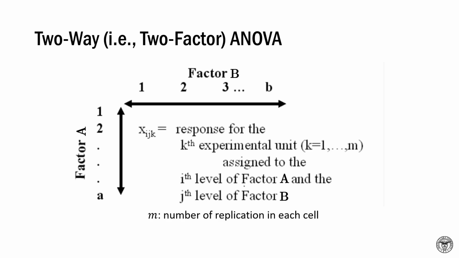A treatment is a combination of a level of factor A and a level of factor B. In other words, each treatment involves changing the levels of both factors A and B simultaneously, which allows researchers to analyze the main effects of each factor and their interactions.